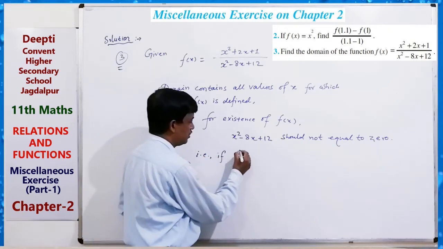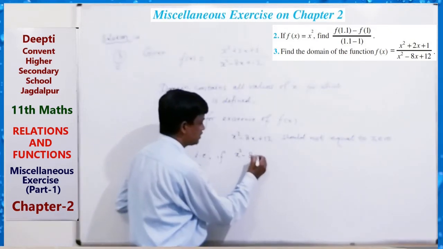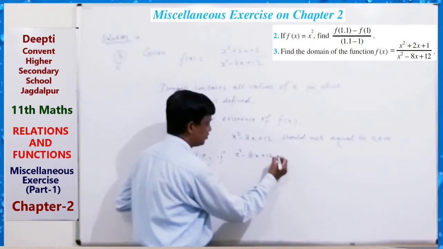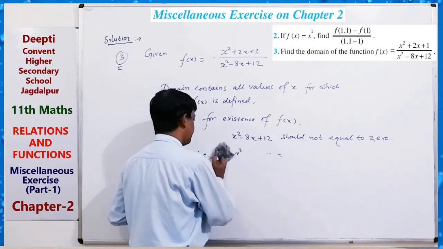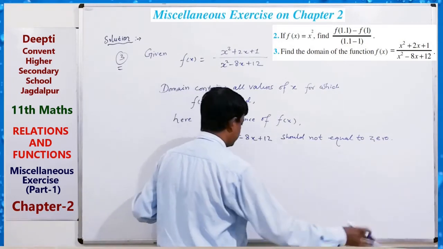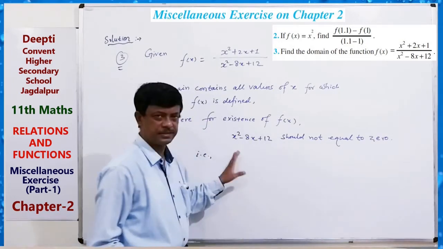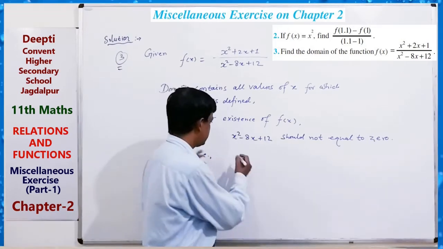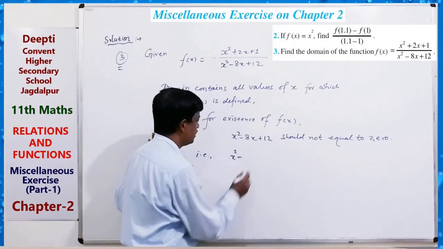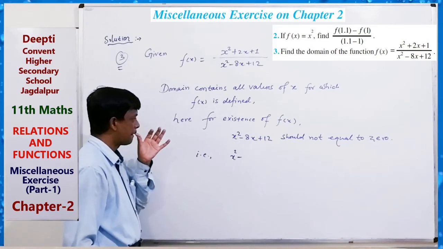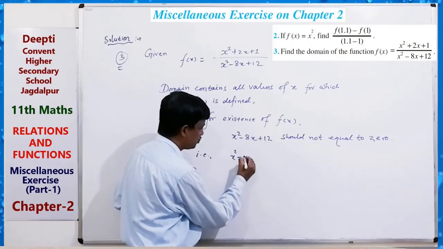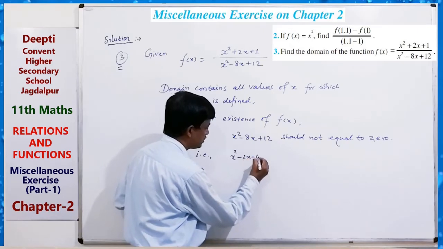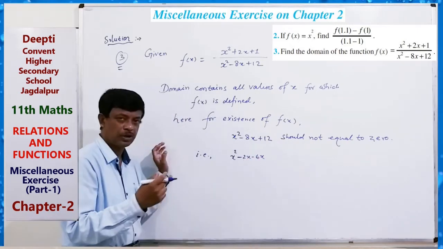You can factorize this, x square minus 8x plus 12. Split minus 8x as minus 2x minus 6x, since 6 into 2 is 12, so plus 12.